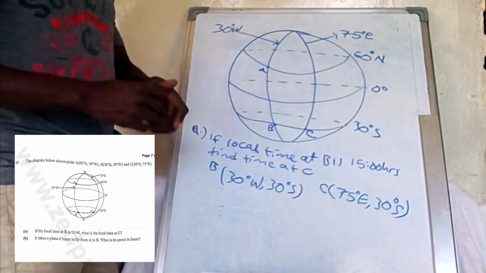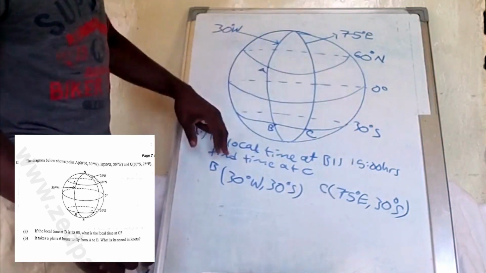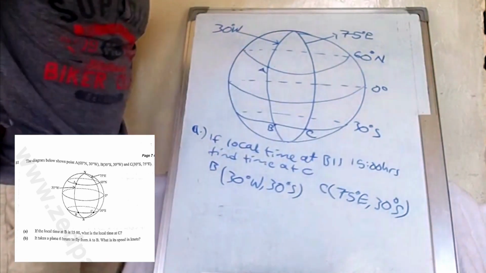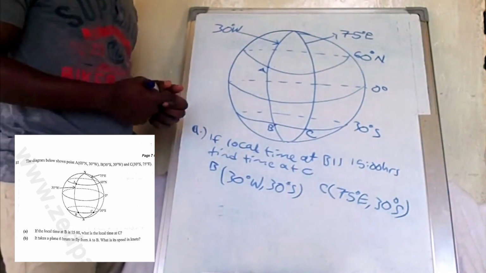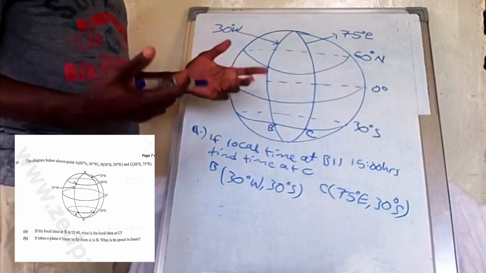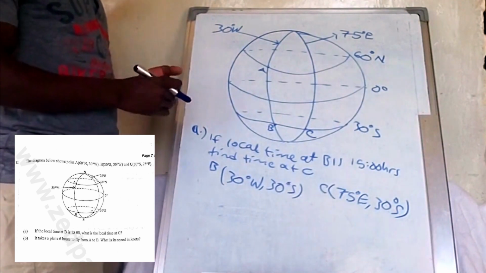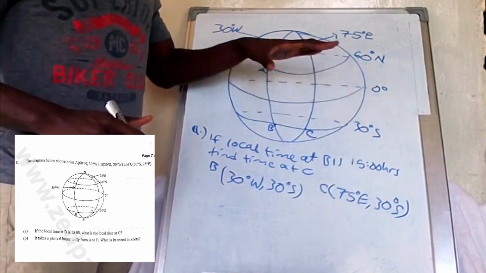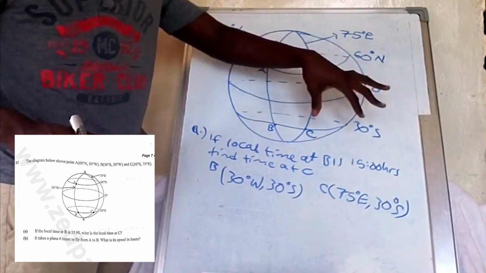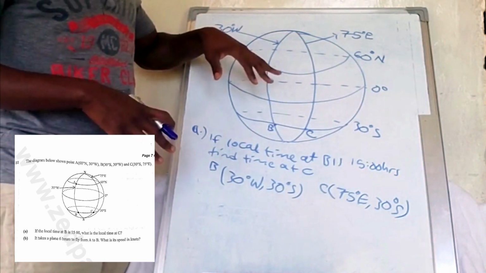And we're asked to say, if the local time at point B is 15 hours, find the local time at point C. So when we're doing earth geometry and dealing with time, we need to know that as we move from west to east, time increases. If we're moving from east to west, time is decreasing.